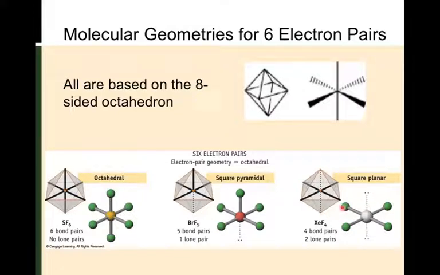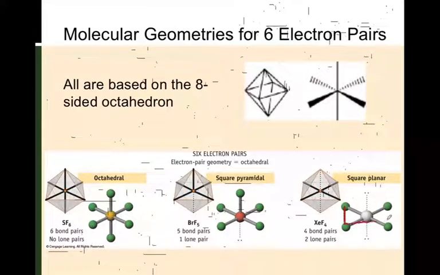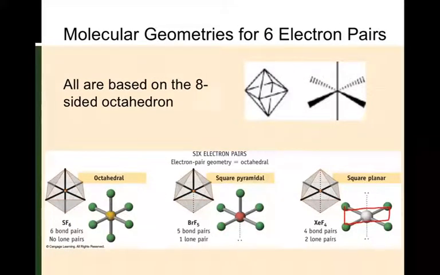It's called planar because these bonding pairs sit all in the same 2-dimensional plane. So that's the molecular geometry, but because of the lone pairs being above and below, we still have this octahedral electron pair geometry.